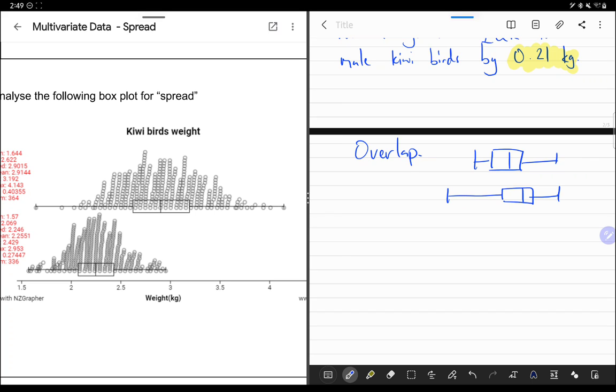The box does not overlap. So you can say the boxes, or you can say the interquartile range does not overlap, right? You might even want to say which one's higher than the other one.